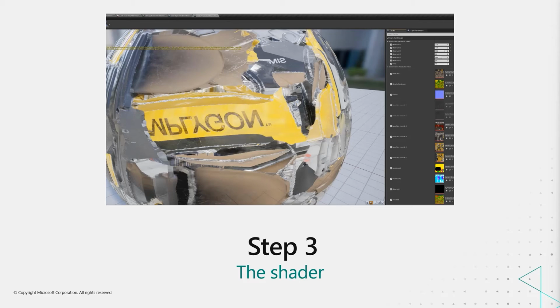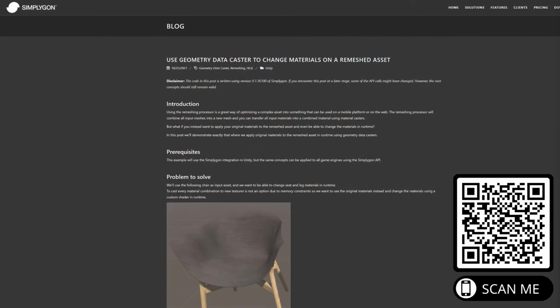Now, this is a very quick talk, and this is a complex process. There's a lot of details that I'm leaving out here, but there is actually a blog on our webpage. If you scan this QR code, you'll get transferred to that, where this process is shown, and in this case, it's actually shown in Unity.